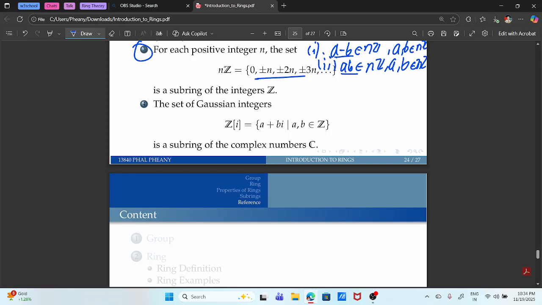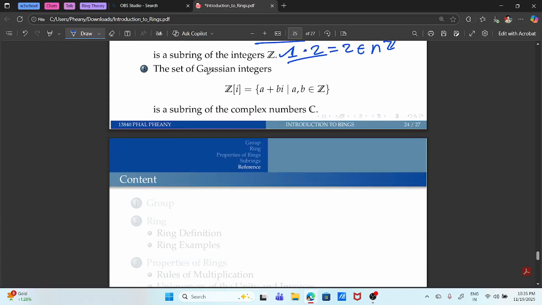Let me show you the second condition. Suppose n equals 1. So 1 times 2n, that is 2 times 1, equals 2, which also belongs to nZ. So we can say ab belongs to nZ. So the second condition holds, and it is a subring.